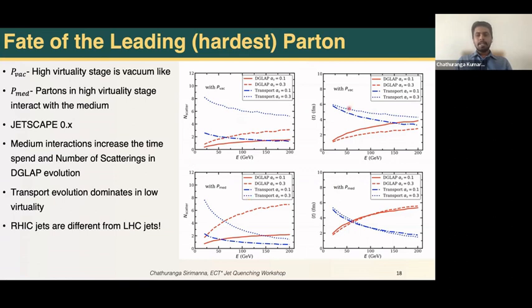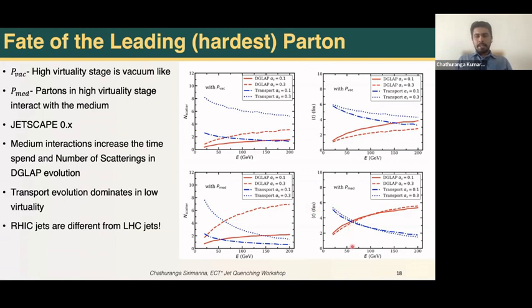As you can see in these two top plots, even with the vacuum splitting function, we can see a significant number of scatterings, and the parton spends a significant amount of time in the DGLAP stage at high energy. But when we include the medium modified splitting function, the number of scatterings as well as the average time spent increase dramatically.